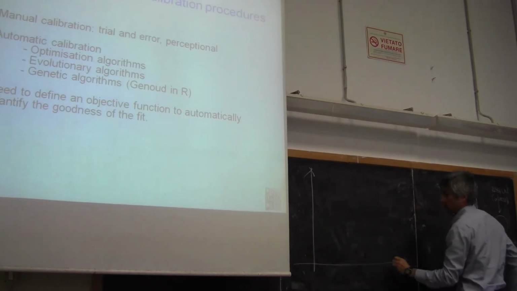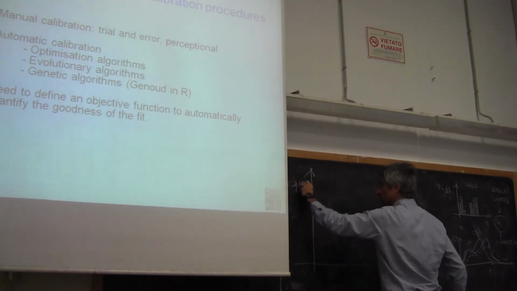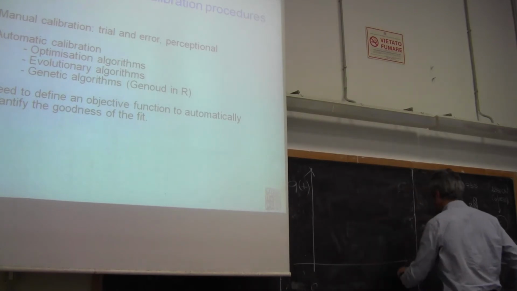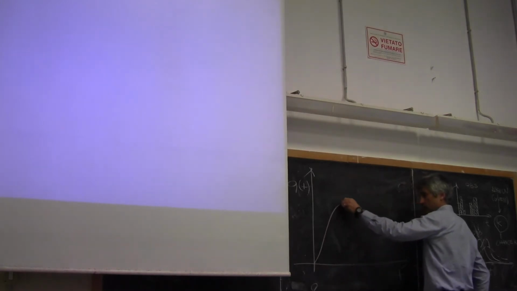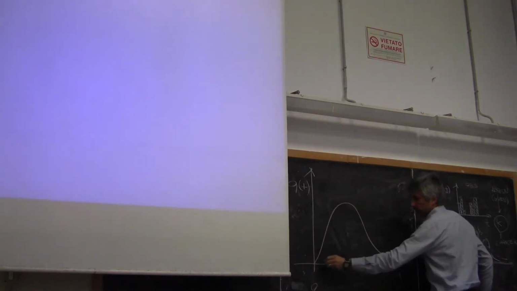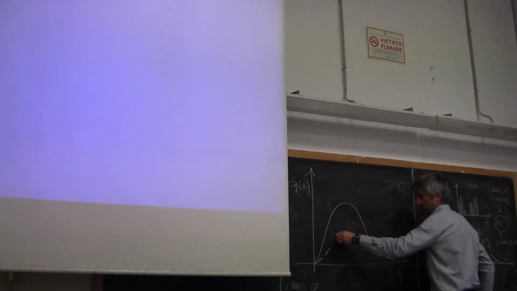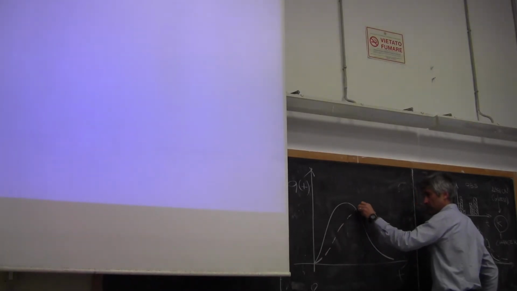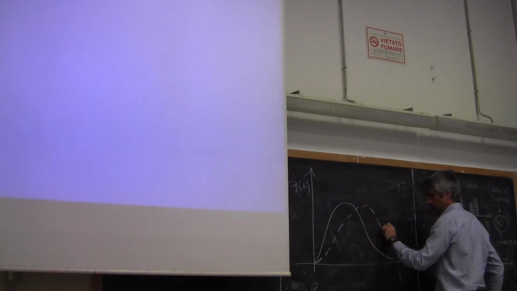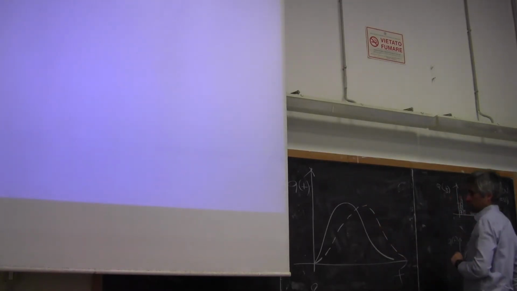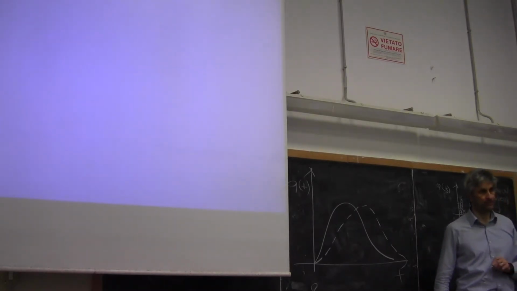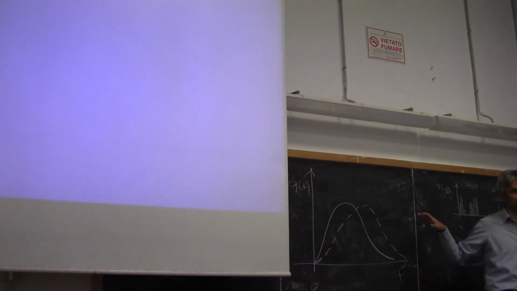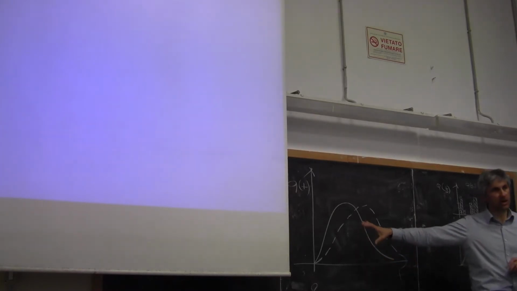So basically, I have two hydrographs. One is observed, and one is simulated, between time 0 and time t. So this one is the observed, and the other one with the dashed line is the simulated. Typically, these hydrographs, observed and simulated, have the same area.